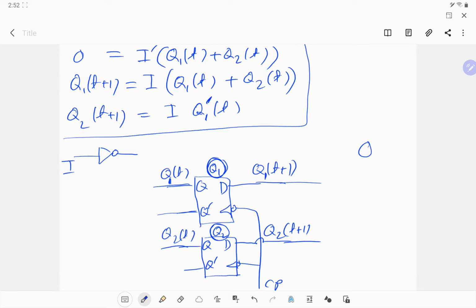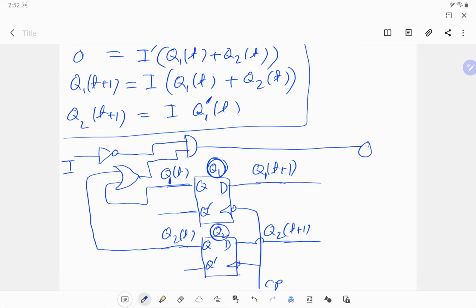Then we need an OR gate between Q1t and Q2t, and we need an AND gate, and that is the circuit for O.